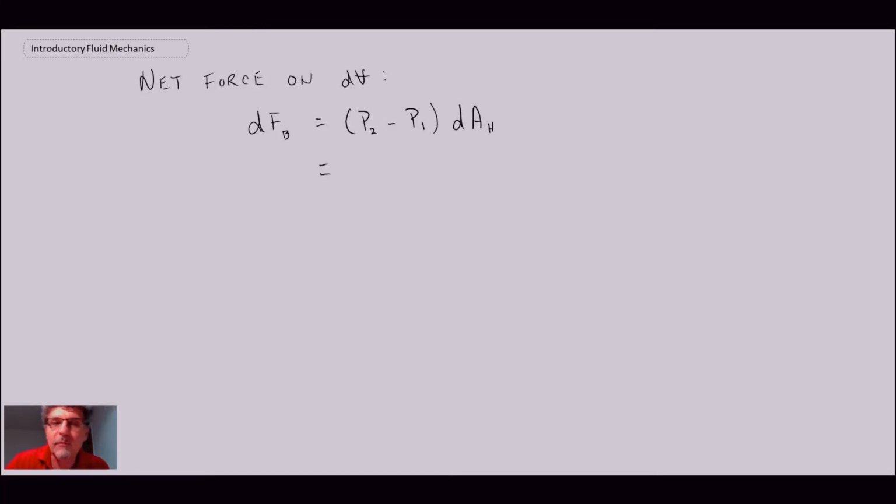And this is where we can bring in our hydrostatic relationship, and we can rewrite it in terms of depth instead of pressures. The fluid is consistent in the system, so the density is the same. If you recall our hydrostatic relationship, we have P2 minus P1, therefore we have H2 minus H1, multiplied by this differential area A_h.